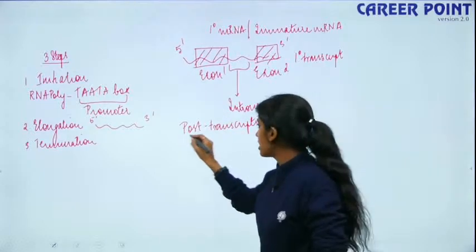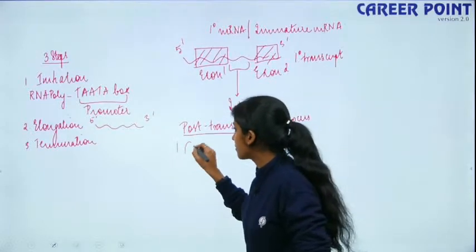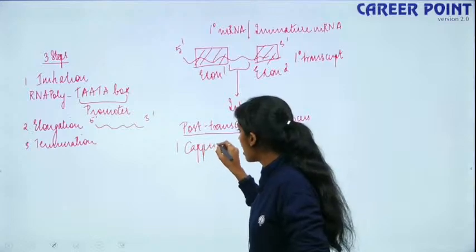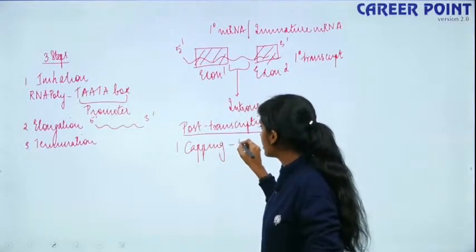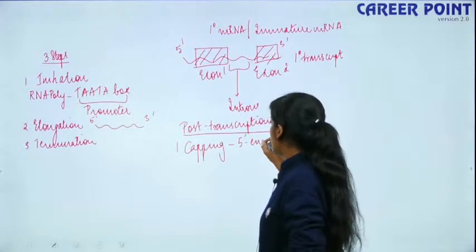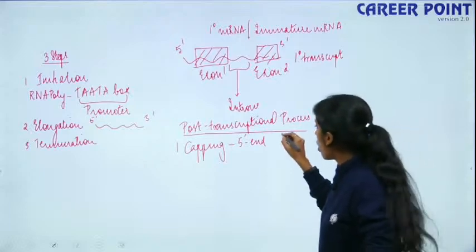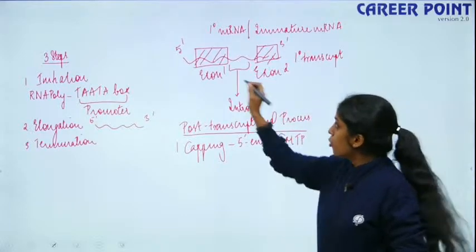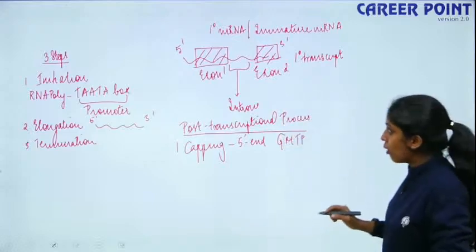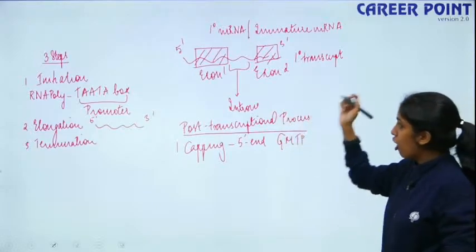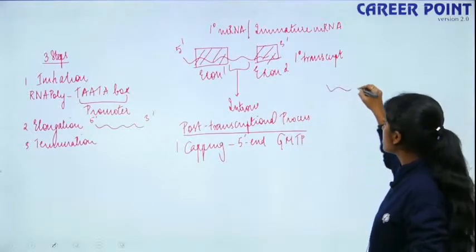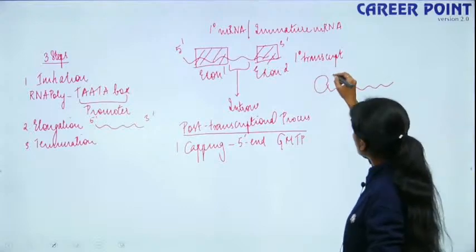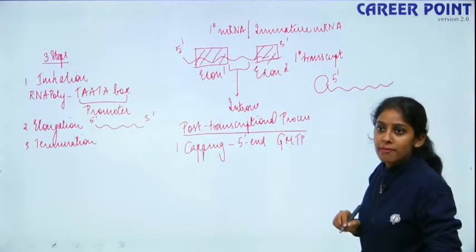So the first thing that happens is capping. This mRNA is quickly capped at the 5' end by methyl guanosine triphosphate.